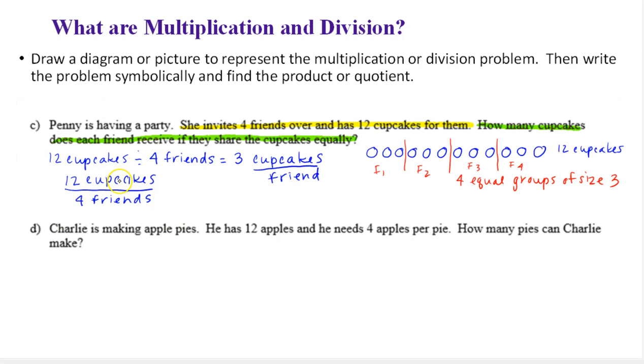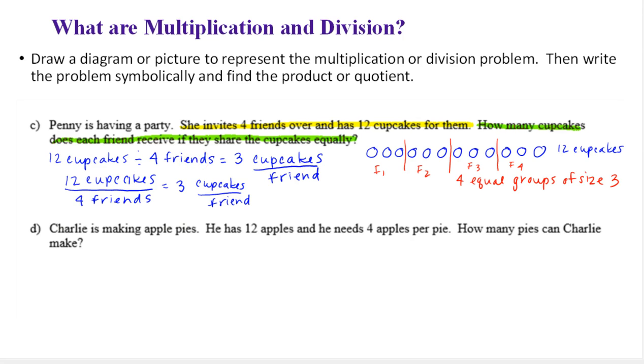And notice we get cupcakes over friends. The 12 divided by 4 is 3, and we could think of the unit as this rate of cupcakes per friend. Okay. So this helps us see the structure as well. We're dividing the cupcakes amongst the friends, and we get 3 cupcakes per friend.